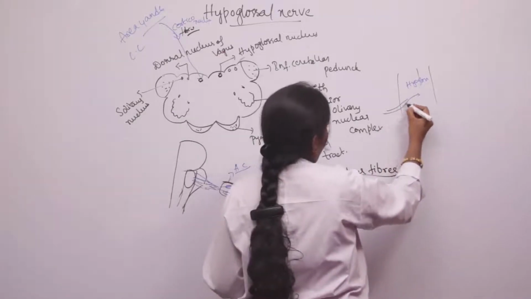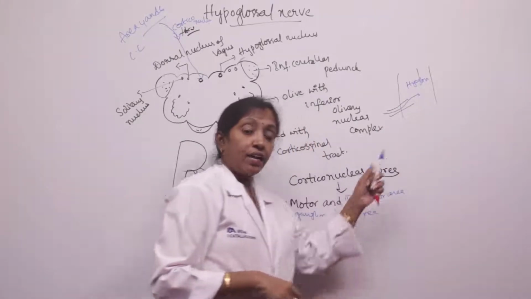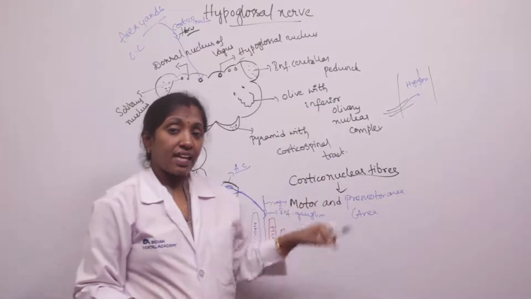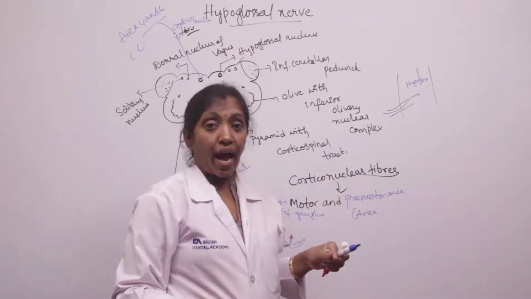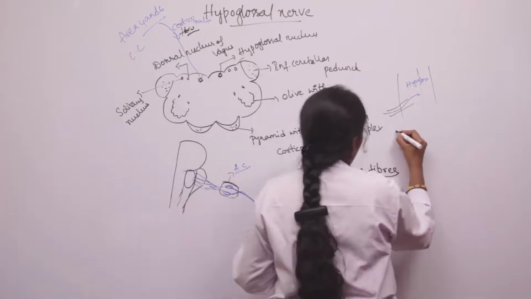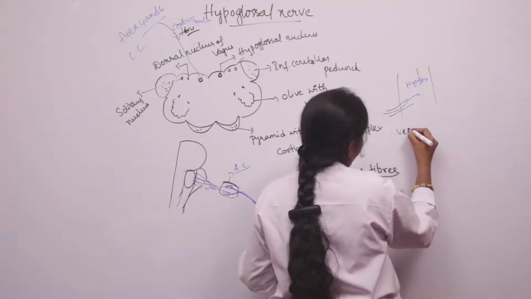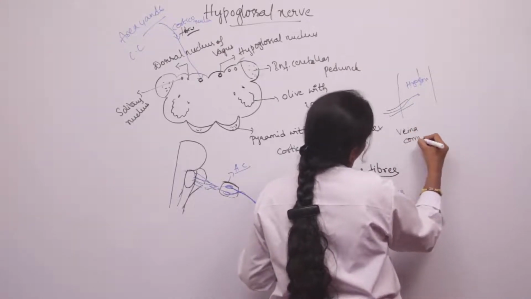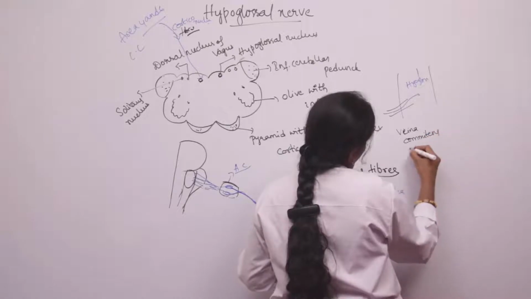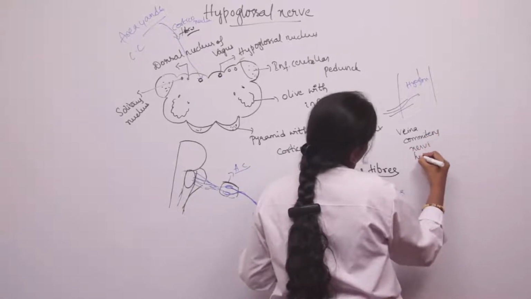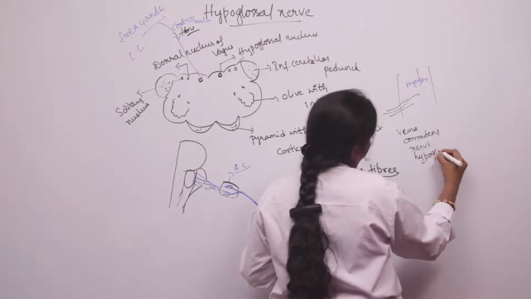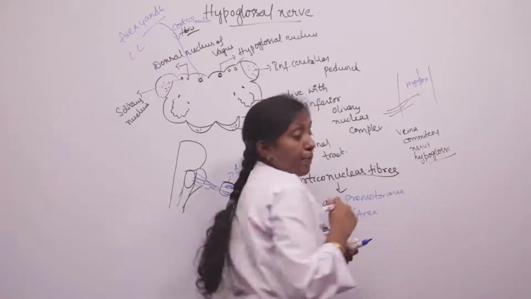We call this the vena comitans nervi hypoglossi. Vena comitans nervi hypoglossi.